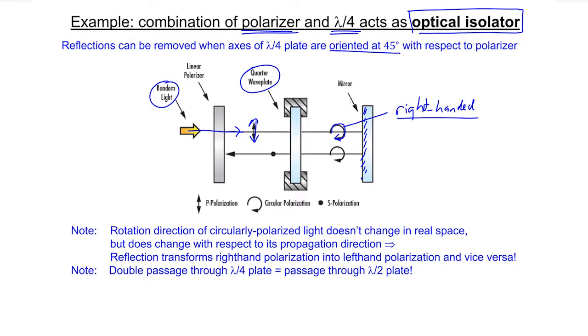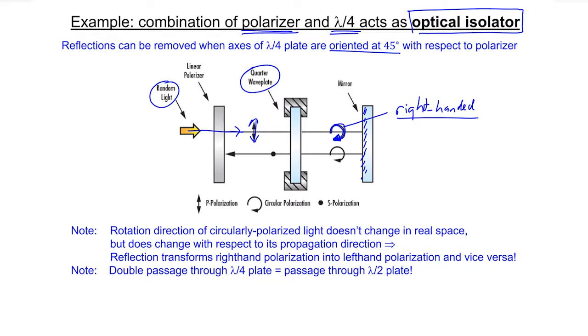handedness of the polarization. In real space, normal orientation, X, Y, Z, nothing happens. I mean, the circular polarization, you might say, sort of excites charges on metallic mirrors in a circular way. These things move circular and they emit light with the same circular nature.